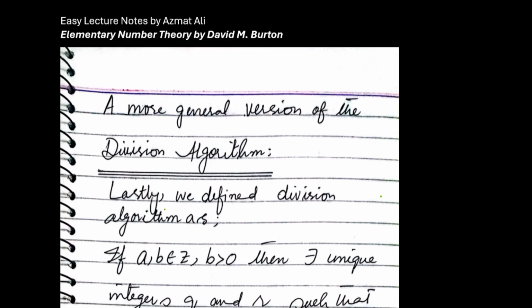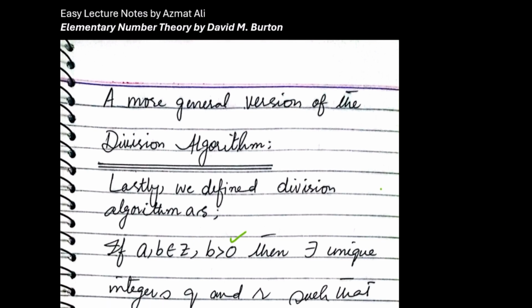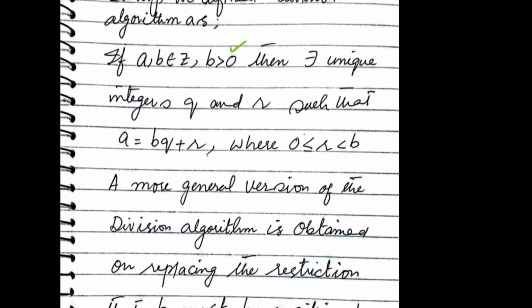We defined it as: if a and b are two integers such that b is a positive integer, then there exist unique integers q and r such that a can be written as bq plus r, where your remainder r is bounded by 0 and b.